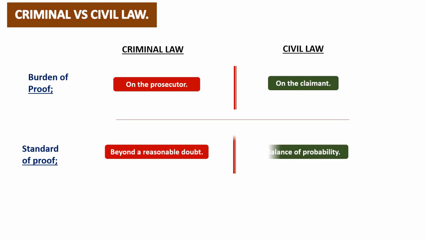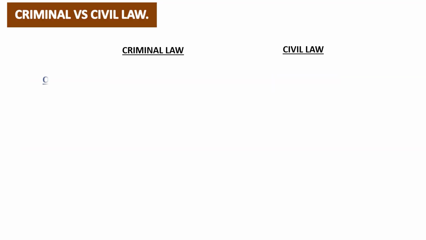With a civil, it is the standard of probability. So when there is a likely claim that the claimant is offended, then the case can be ruled in the favor of the claimant. So the level of standard of proof for the civil is much lower than that in the criminal law. Basically because the punishment or the consequences in the criminal law far outweigh that of the civil.